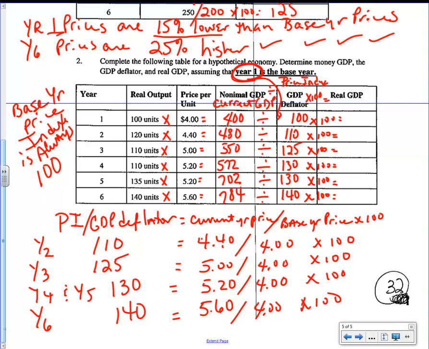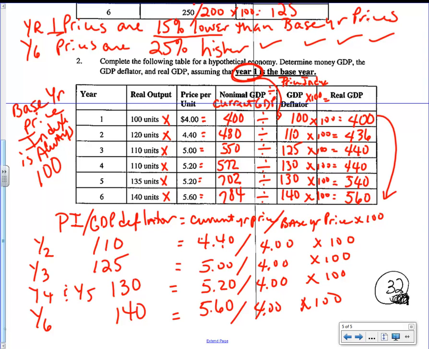So once we calculate it through, we'll come up with 400 for year 1. We will come up with 436 for year 2, 440 for year 3, 440 for year 4, 540 for year 5, and 560 for year 6.